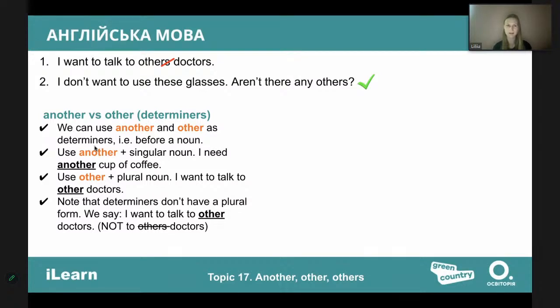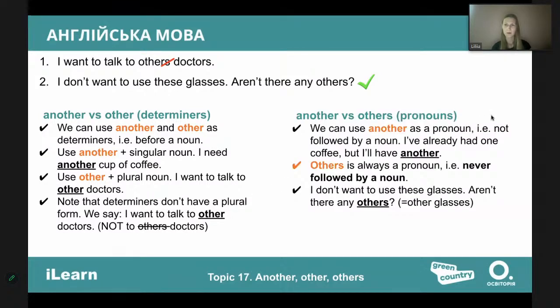Another, it's kind of other with article N. So it's always one and only one thing or person. It's always singular. I need another book, like one other book, right? But you can use other with plural forms. I need other books, інші книги.